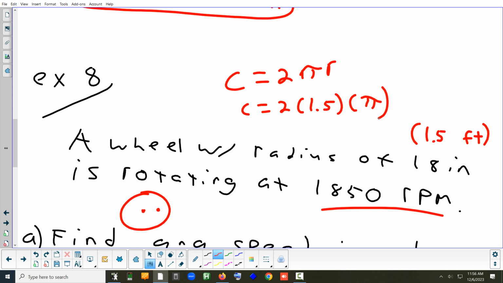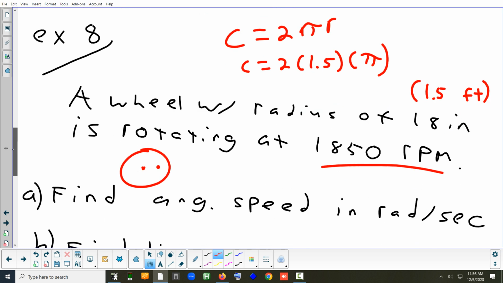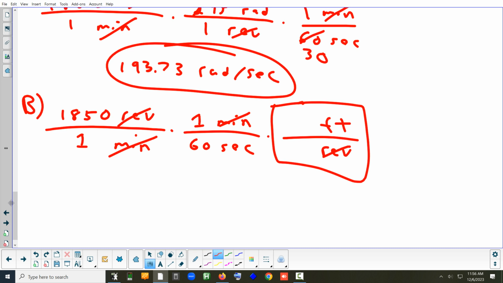Now I know there are 3 pi feet in one revolution, or one circumference. That is what makes the conversion between angular and linear, that step right there. So now you're left with feet per second. That's the only tricky thing about converting angular to linear. You need to use the circumference formula.